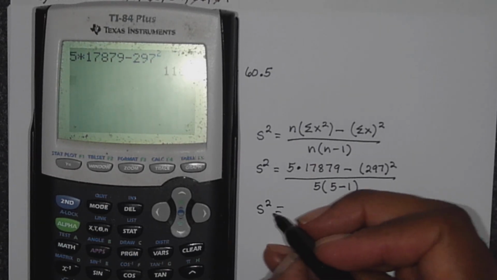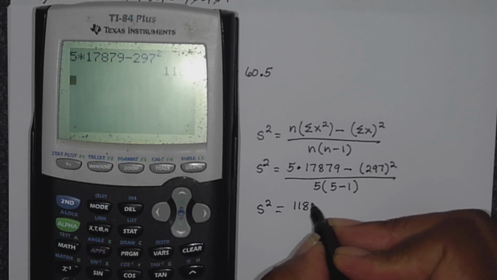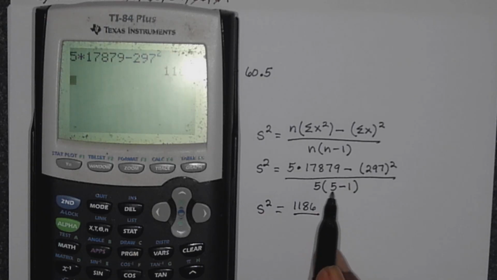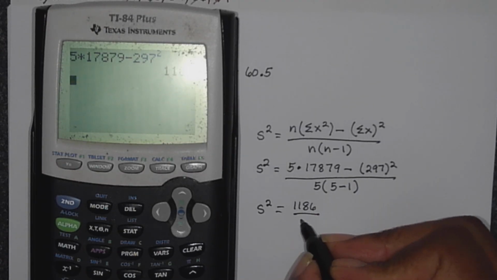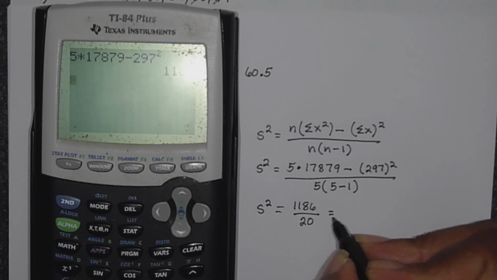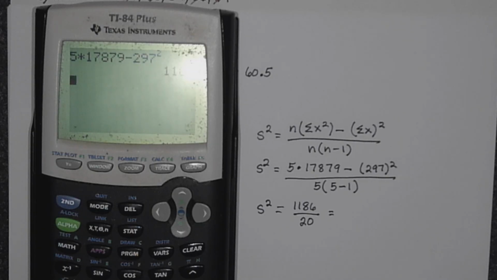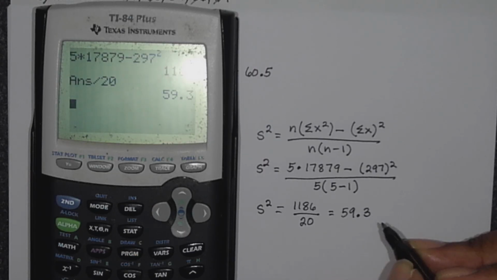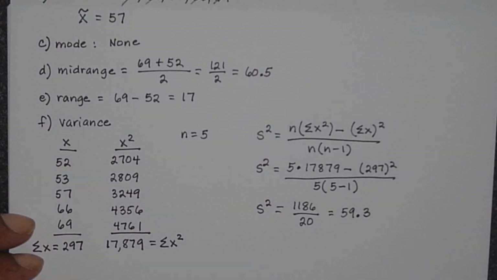So that numerator is 1186, divided by, and this part I can do mentally, 5 minus 1 gives us 4. 4 times 5 is 20. And then 1186 divided by 20 is 59.3. So the variance of this data set would be 59.3.